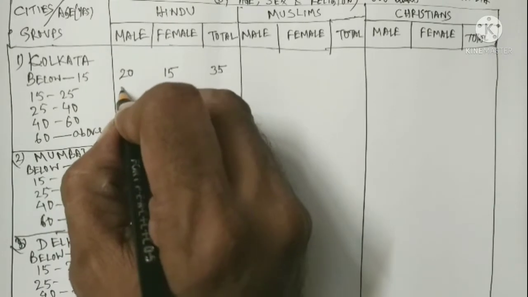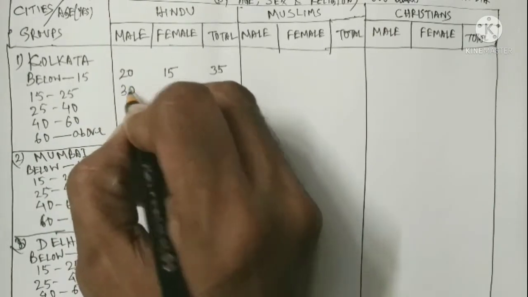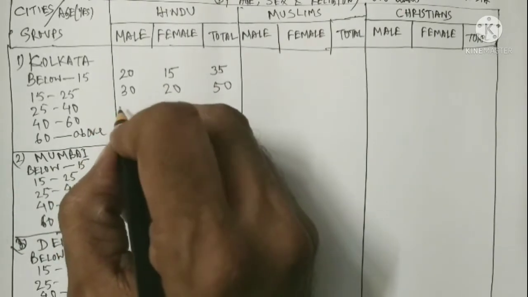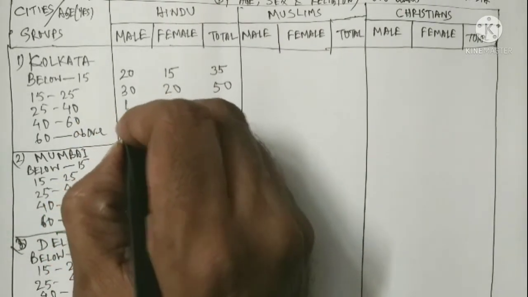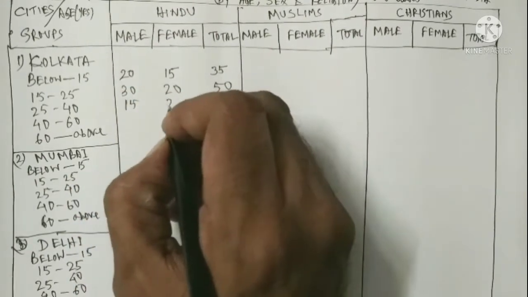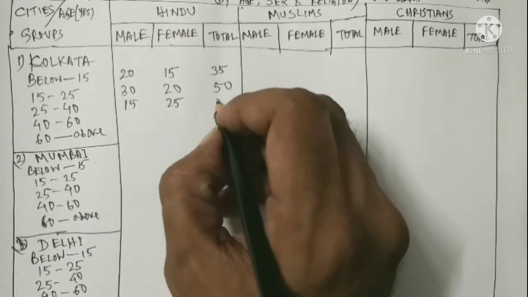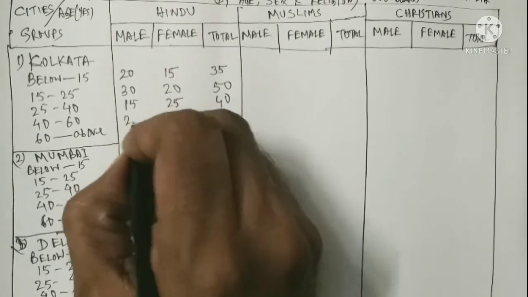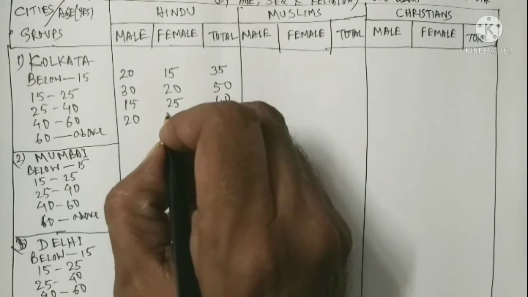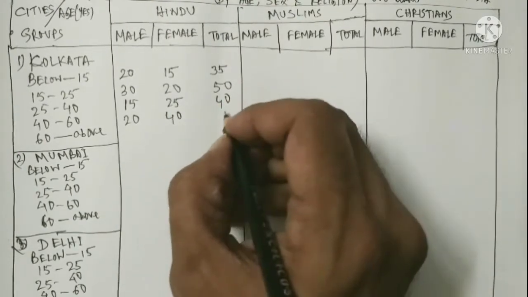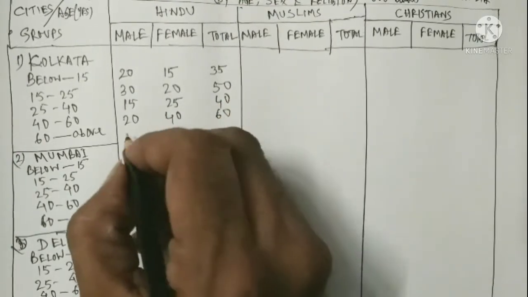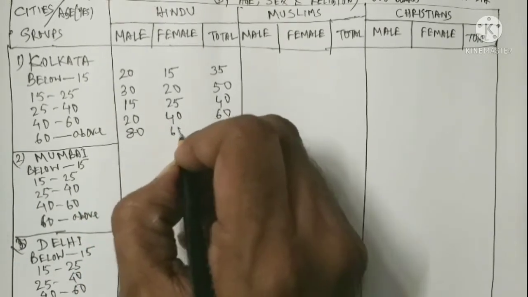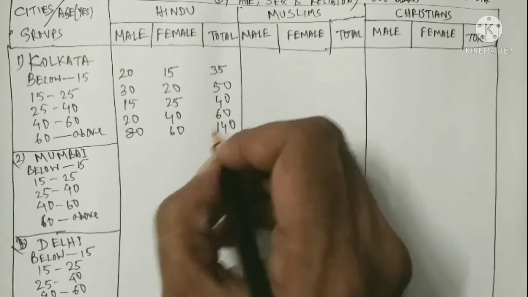15 to 25, that is 30, 20, 50. 25 to 40, 15, 25, that is 40. 40 to 60, 20, 40 and 60, and 60 and above 80, 60 and 140.